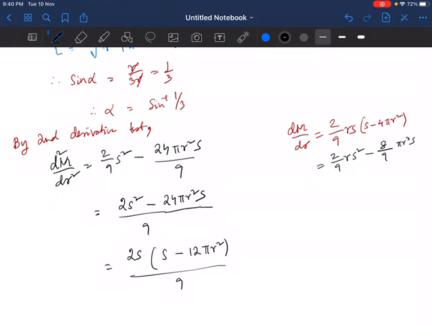The value of s is pi r square plus pi r root over of r square plus h square.